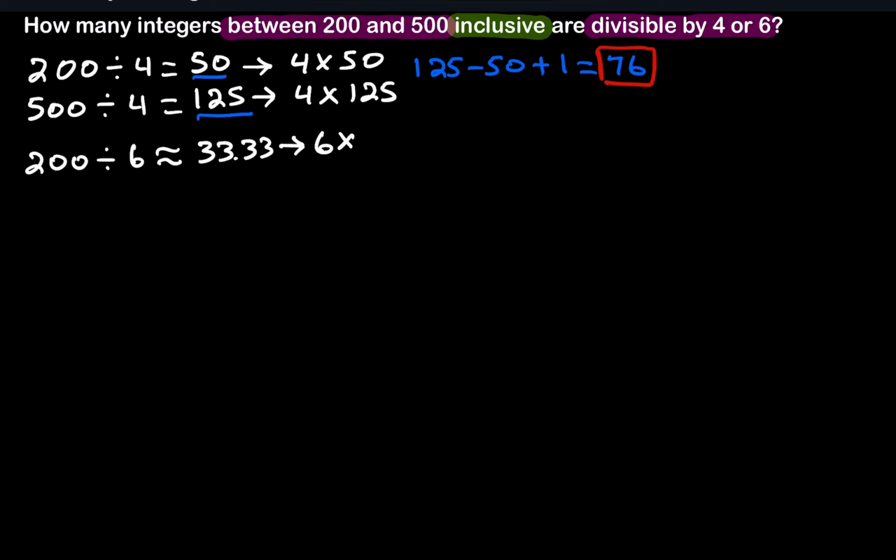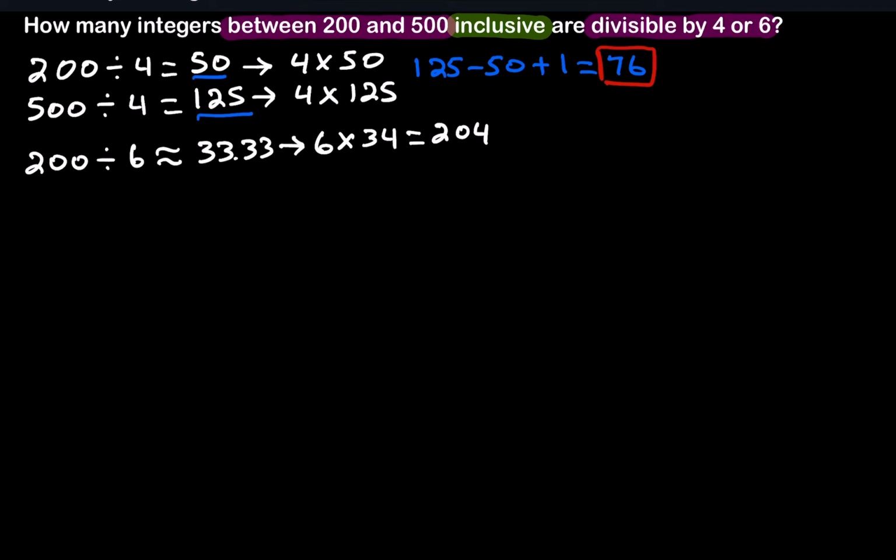In this case, what we need to do is round up to the next whole number, which is 34. So 204 is the answer here, which is also the smallest multiple of 6 that's greater than or equal to 200, which is why it's used as the first valid multiple of 6 within the range of 200 to 500.